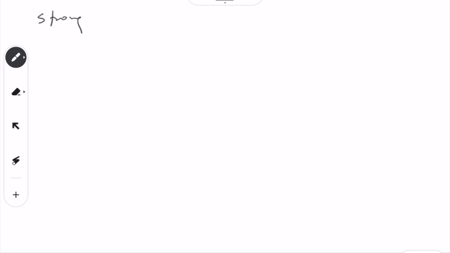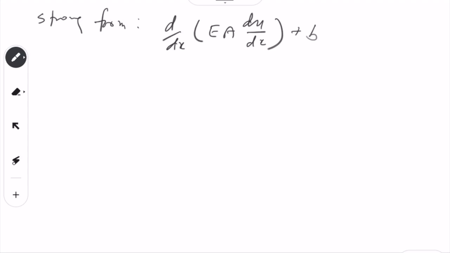So we have a strong form, which is basically d over dx of (EA du over dx) plus b, where b is a function of x, is equal to 0.